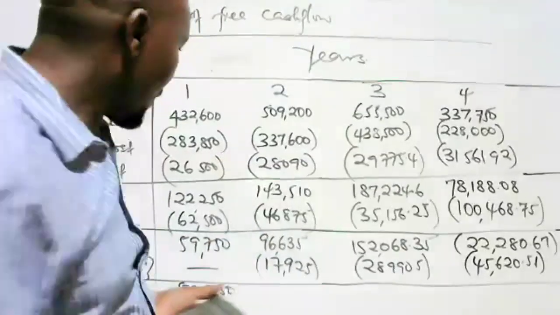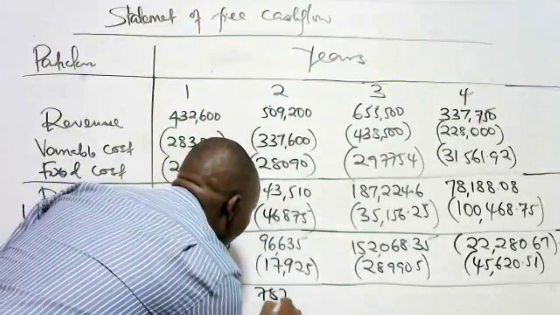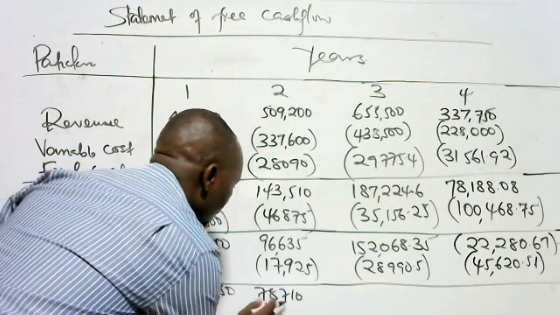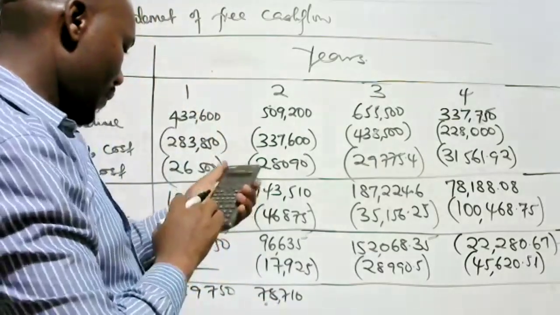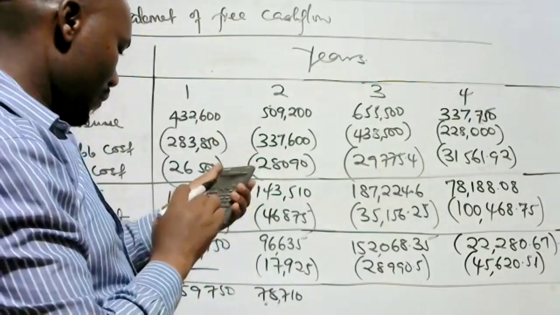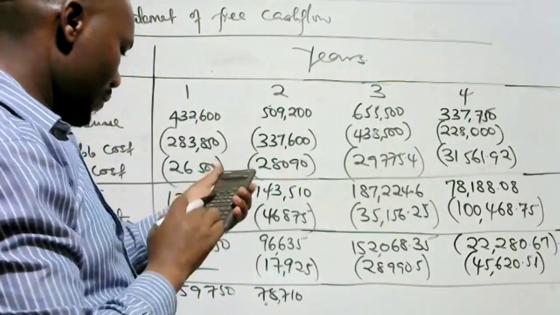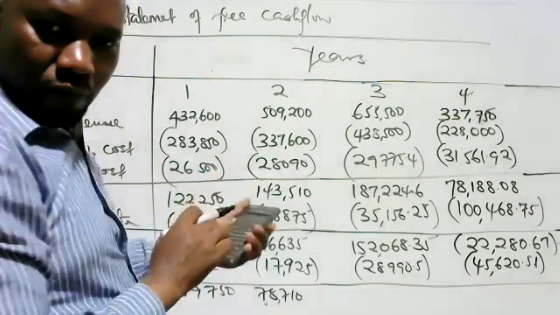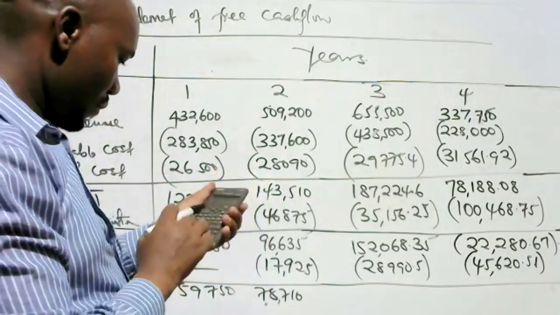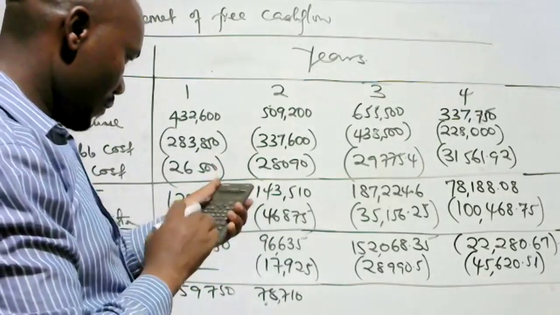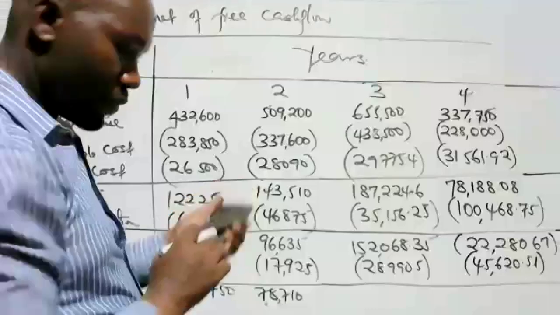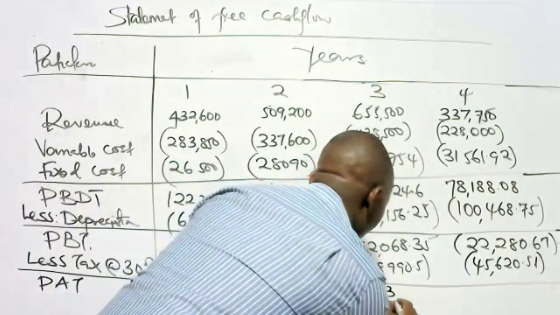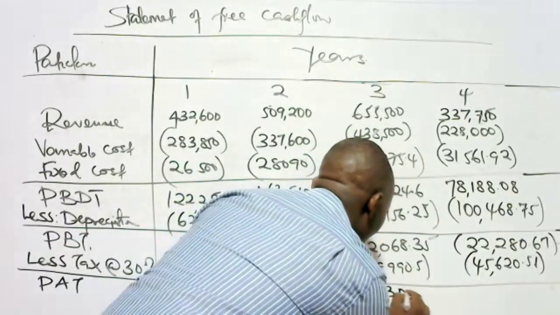Year two, 78,710. Year three, 123,077.85.